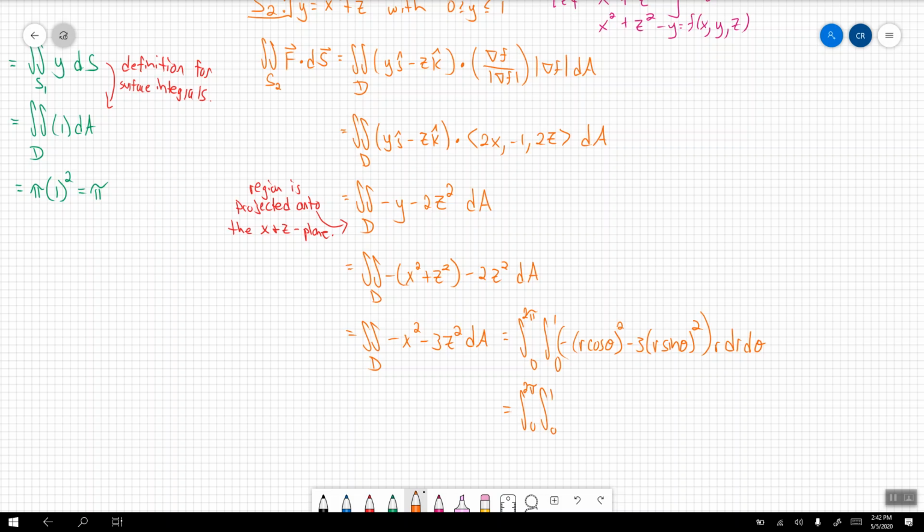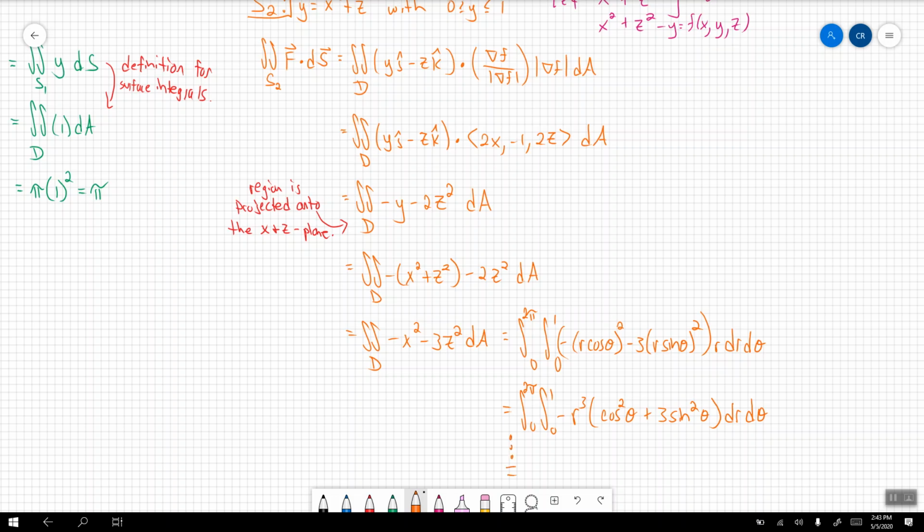Let's factor the r, so I'm going to have negative r cubed, multiplied by cosine squared theta plus, because I factored out the negative, 3 sine squared theta, and this is going to be dr d theta. So all I need to do here is evaluate this integral and we'll have it.